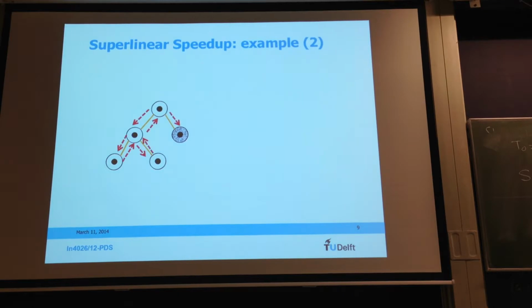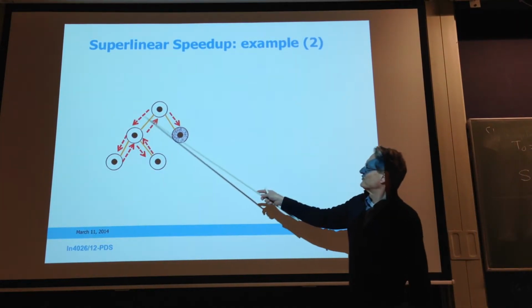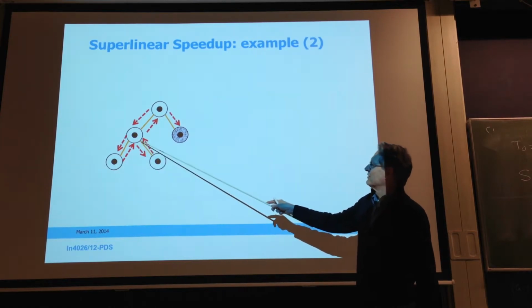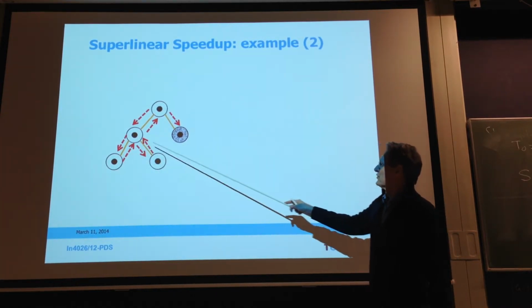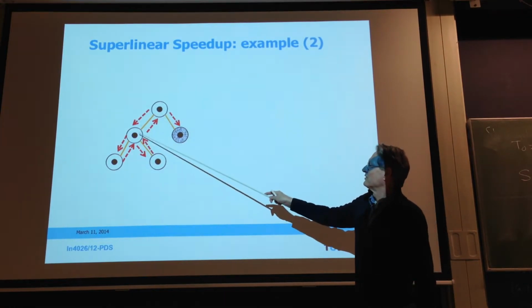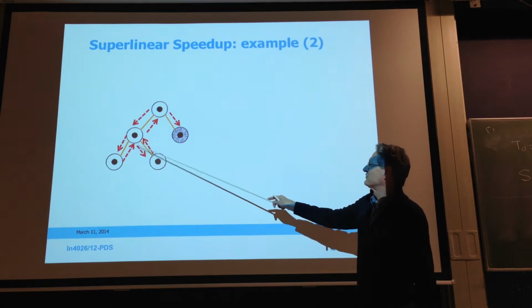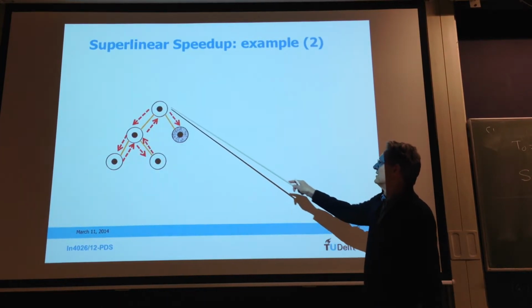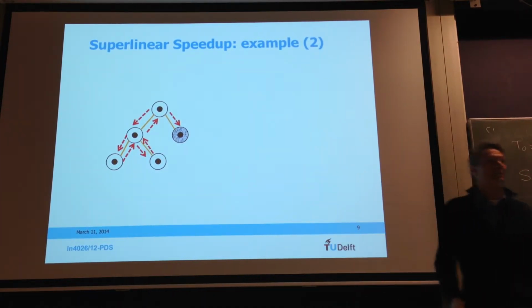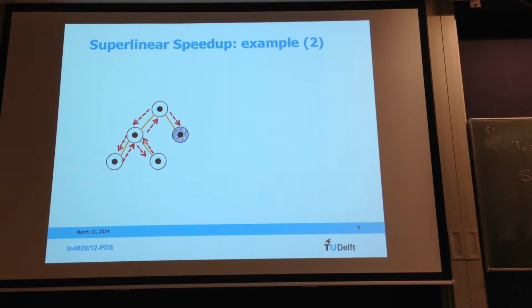Now, to find it, we need a search discipline. Suppose that we have a left first, depth first search algorithm, then we're going to search for the item deep down in the tree. It's not here. Then we go up again, and then finally we find it.